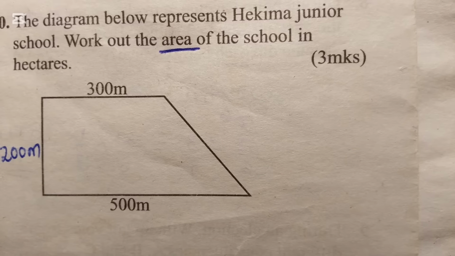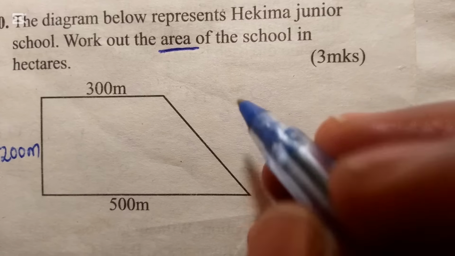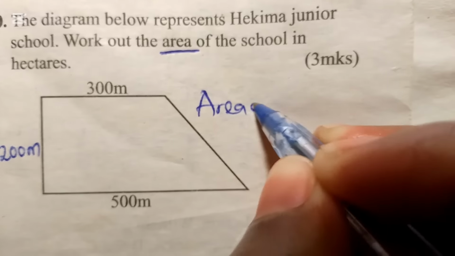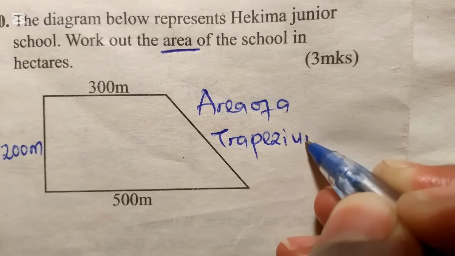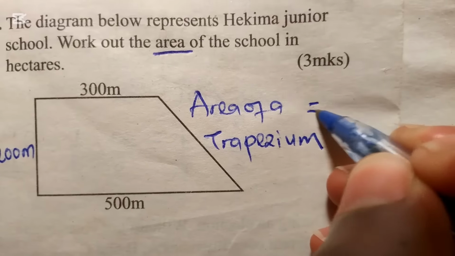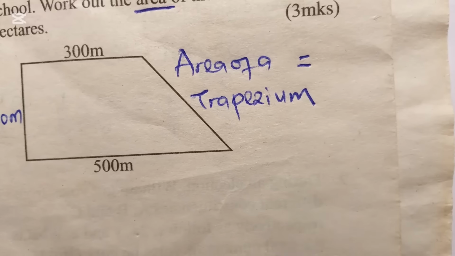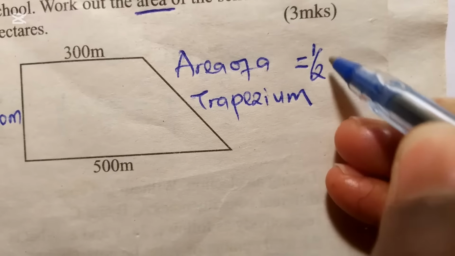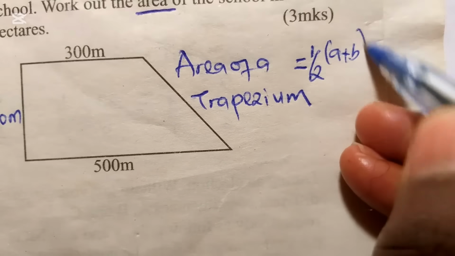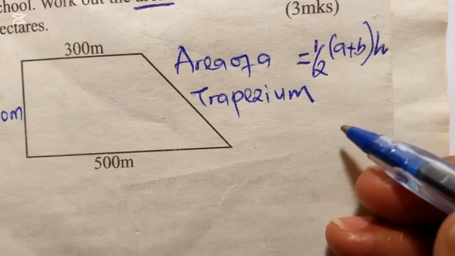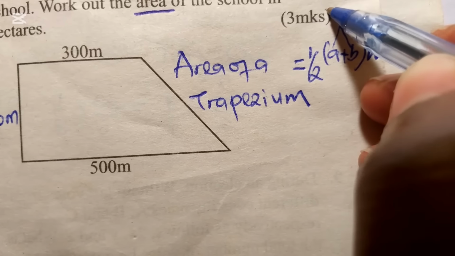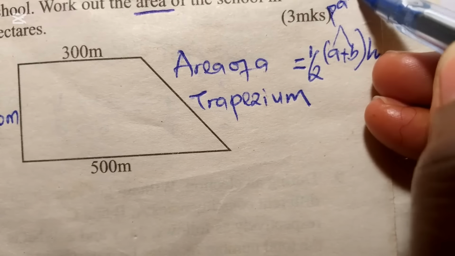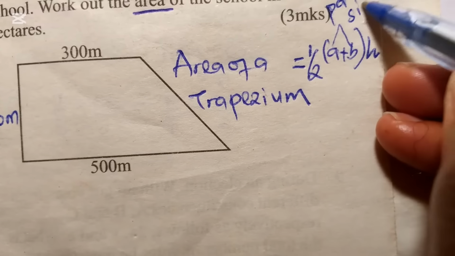So, how do we get the area of a trapezium? See that area of a trapezium is equal to a half (A plus B) times H. And then this A and B are the parallel sides.